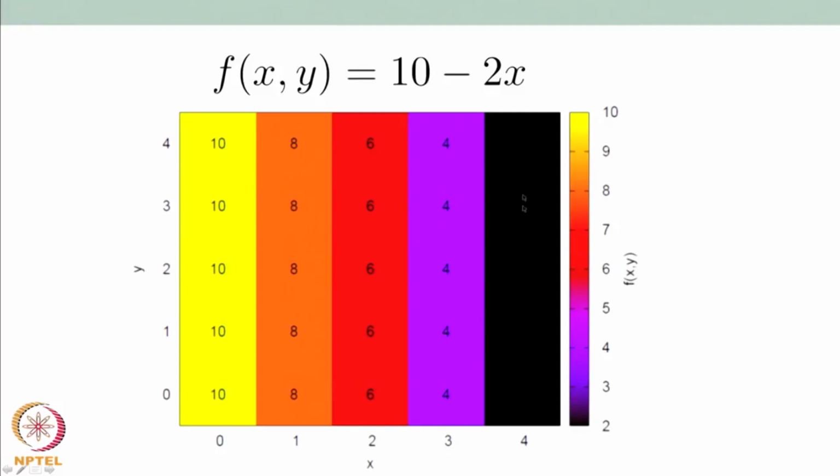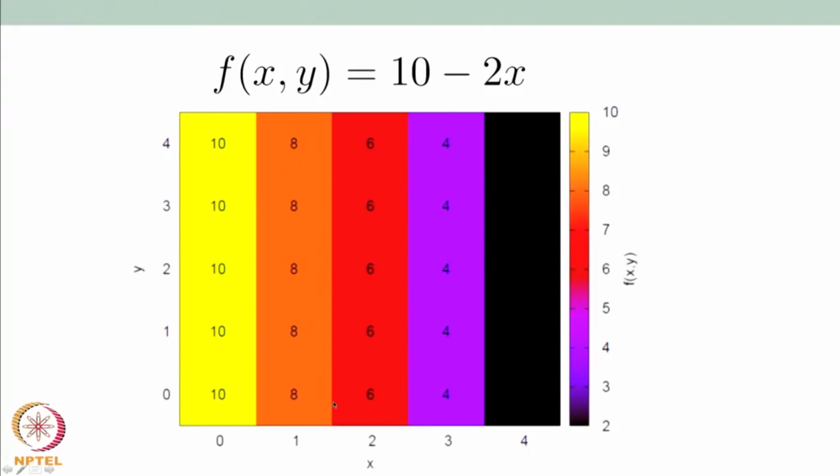When x is 4, 10 minus 2 times 4 is 10 minus 8, which is 2, and it should be black color. The point to note is that this is independent of y. Whatever the y value, you will get the same function value.